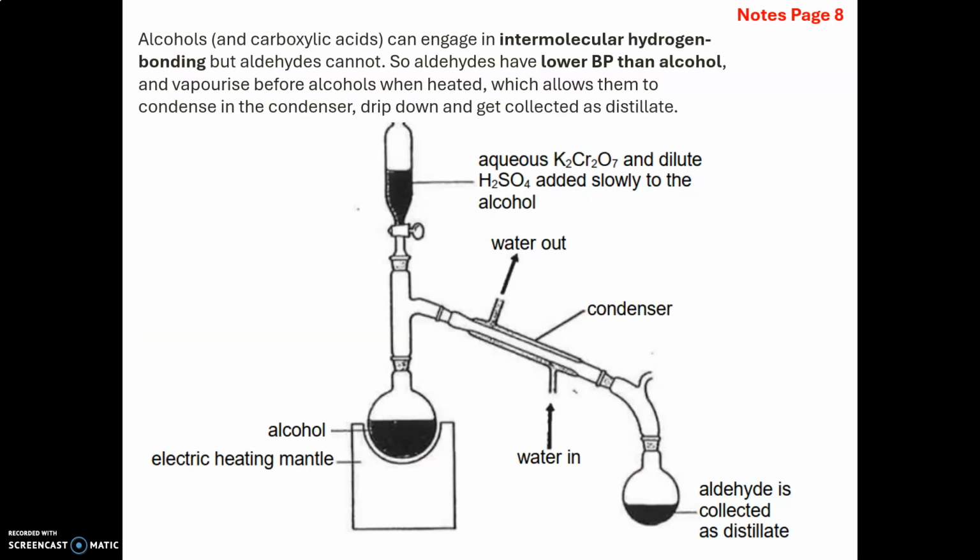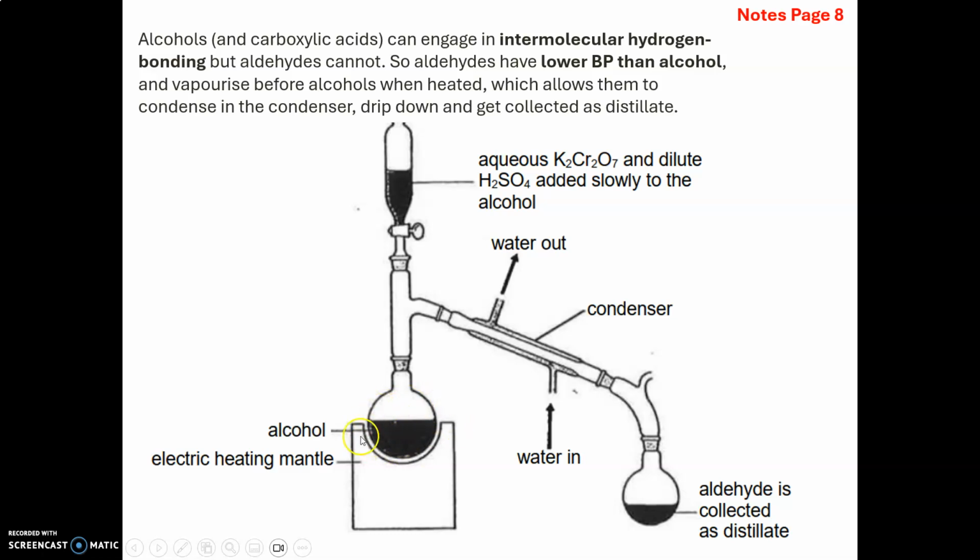Because of the nature of the intermolecular forces between alcohol molecules being intermolecular hydrogen bonding, but aldehydes are unable to engage in intermolecular hydrogen bonding, the strongest type of intermolecular forces between aldehyde molecules is PD-PD interactions, or permanent dipole interactions, which results in aldehydes having lower boiling point than alcohol.